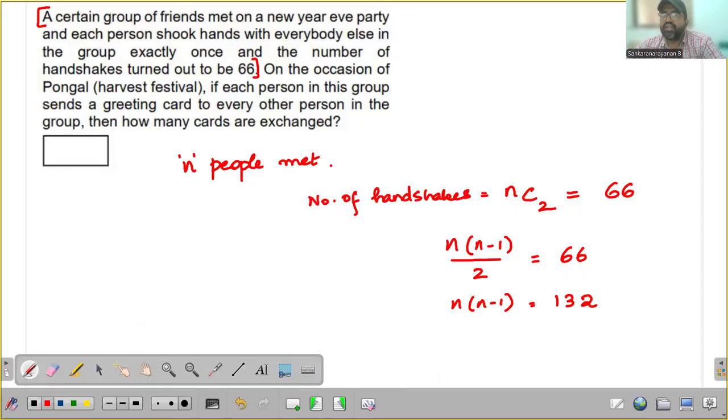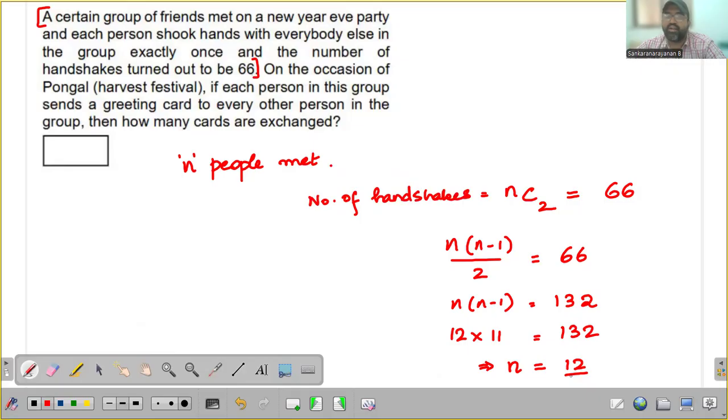But 132, if you are considering, it is 12 into 11. Correct? It is 12 into 11. So from this 12 into 11, I can consider that it is equal to 132.